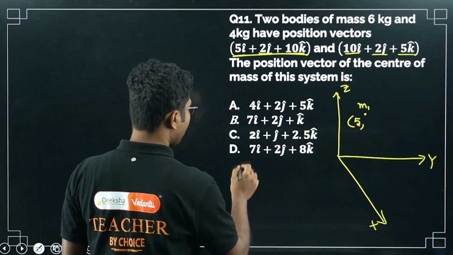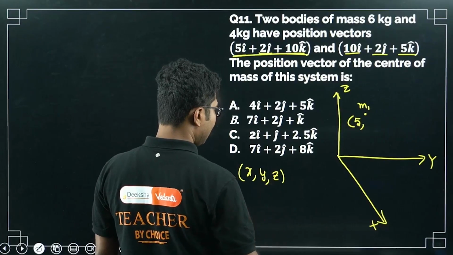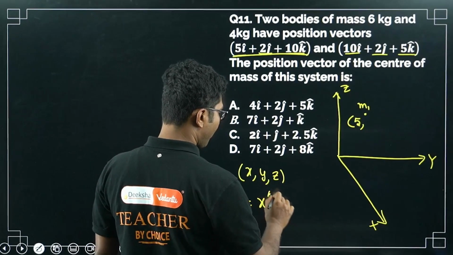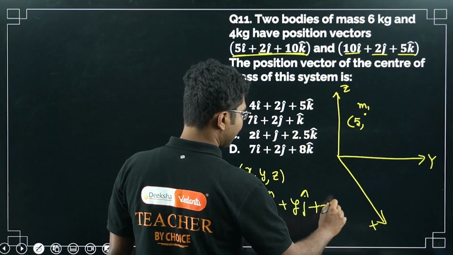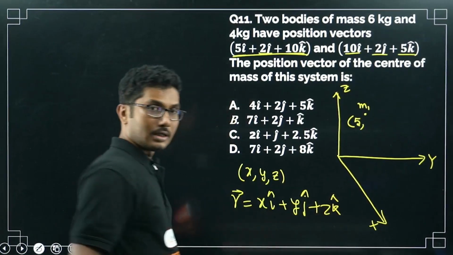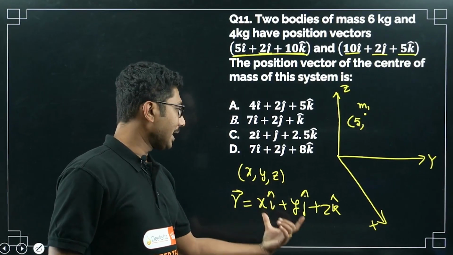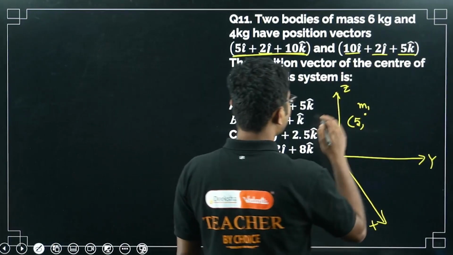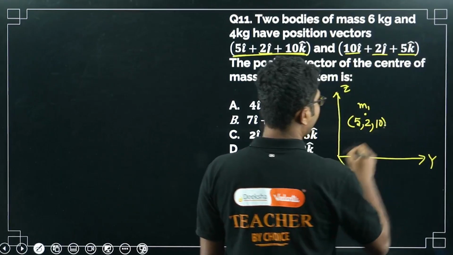So if the coordinate of a point is x comma y comma z, then the position vector of this point can be written as x i cap plus y j cap plus z k cap, right? Similarly, if the position vector is given, we can instantly convert it into a coordinate. So the coordinate of this point is 5, 2, 10, right?